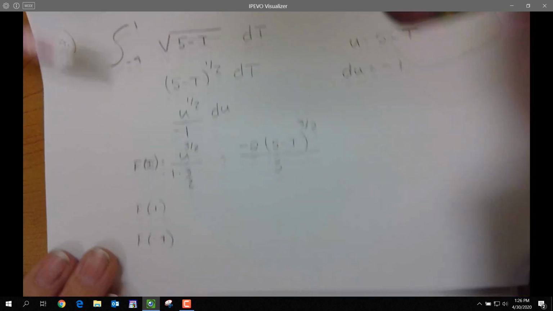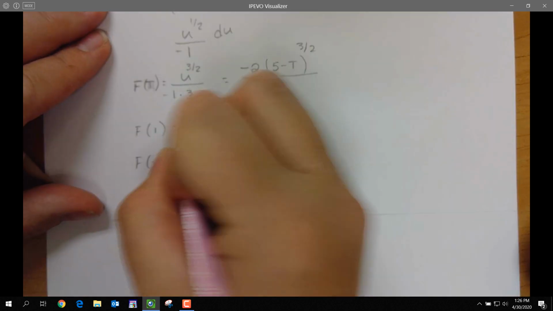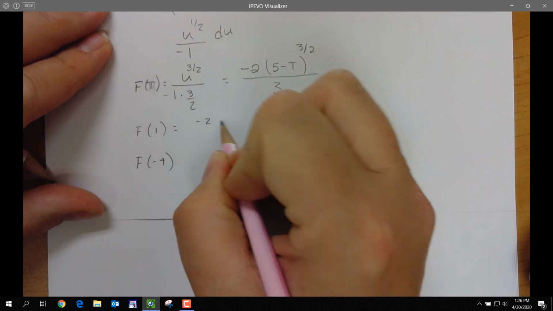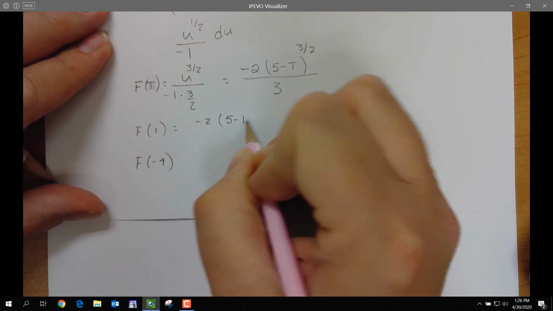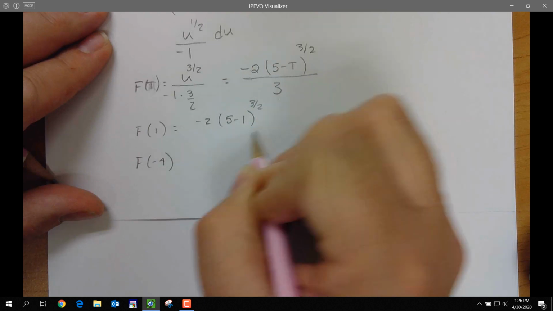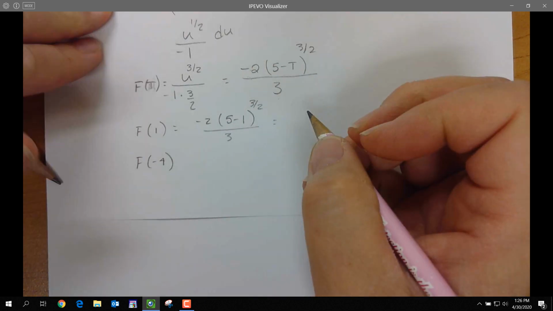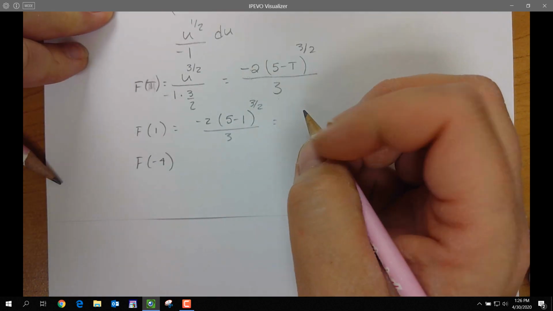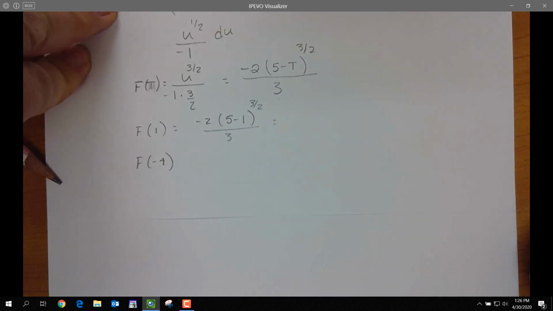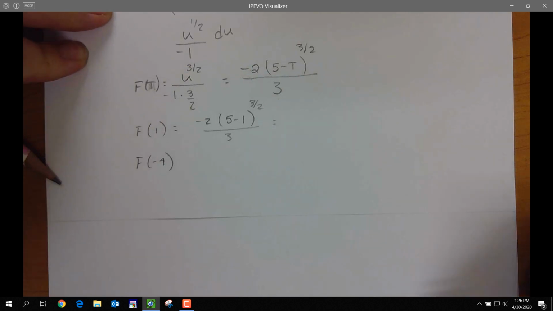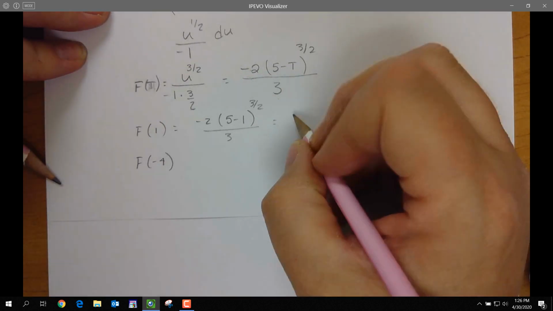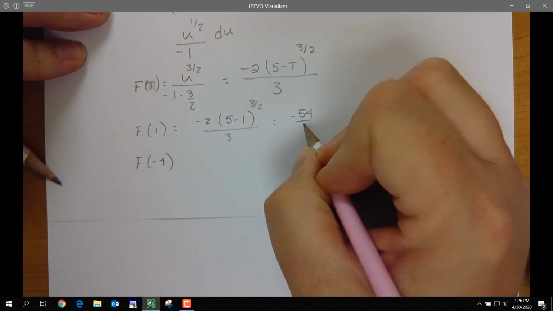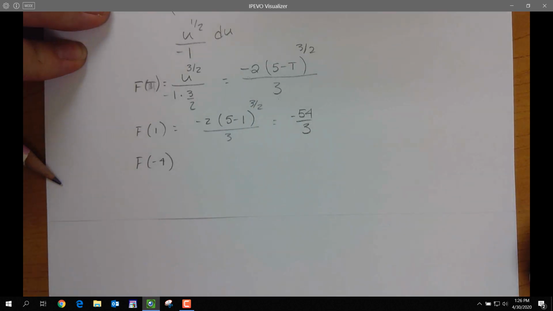So when we go to do the 1, it's just going to be negative 2 times 5 minus 1 to the 3 halves divided by 3. I definitely want to put that into my calculator. I think they make you do this one in fractions, though. So calculate the top and then the bottom. The top, I got negative 54 thirds. Excuse me, the top I got negative 54, and then over thirds.